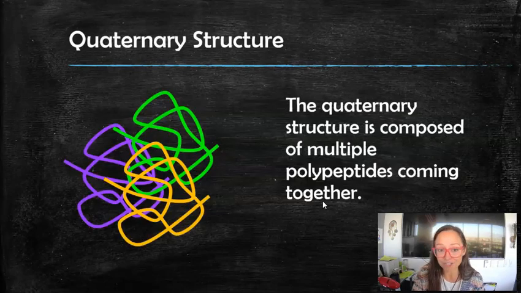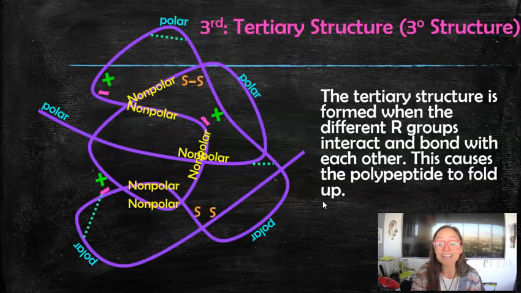If there's a mutation in the DNA that leads to a change in an amino acid, it could change the R group properties, which then would change this tertiary structure. Mutations are a whole other topic, but when there are changes in the order of the amino acids, it could lead to changes in the tertiary and quaternary structures, which lead to a protein that either doesn't work or works differently, etc. All right, so great job.